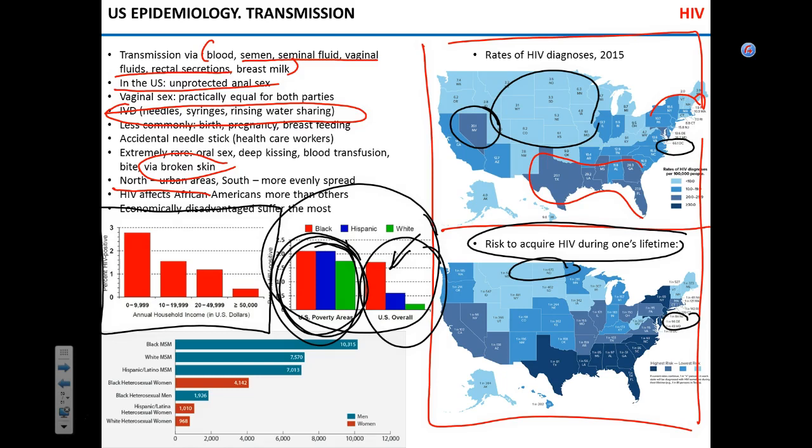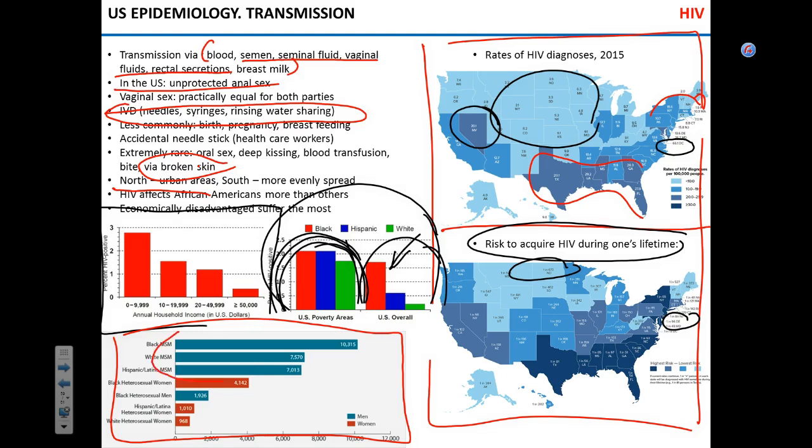Now, if we try to break down the population story a little bit more, this data shows you more detail. The term MSM belongs to HIV epidemiological research. MSM means men having sex with men. So you see, that's the dominant population. That's at the highest risk.